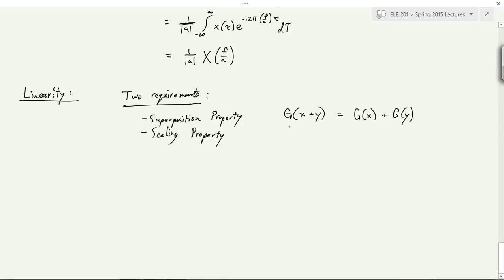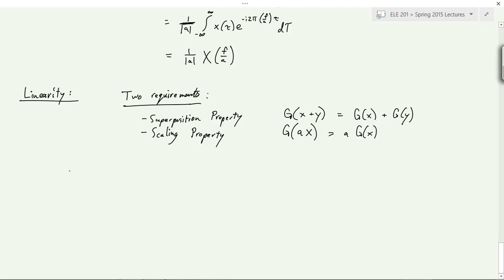And that says that if you scale by a, it doesn't have to be a real number. It could be complex if you're in a space that deals with complex numbers, that it should be a times g of x. So you can actually check both of these properties at once.